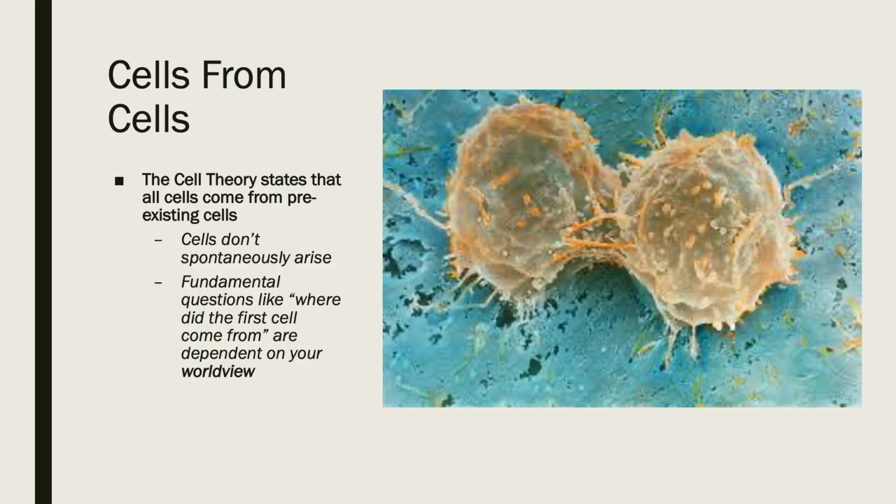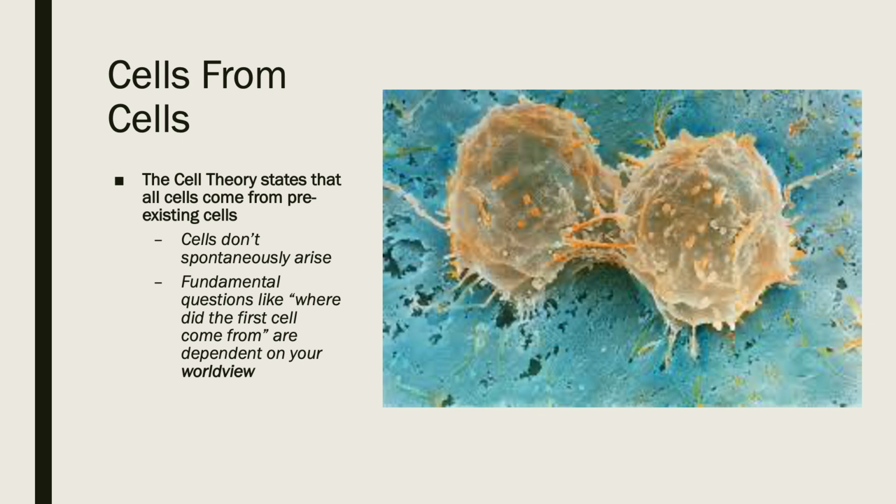So it really grounds us into this framework with which we will view biology for the rest of the semester. Now, according to this cell theory, cells do not spontaneously arise. Again, they come from a pre-existing cell, and this theory may contradict some worldviews.